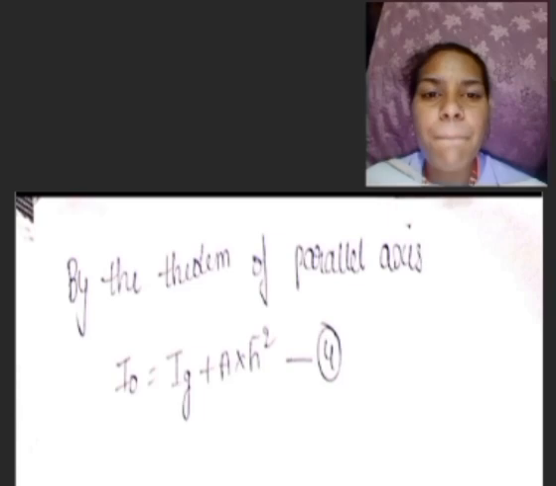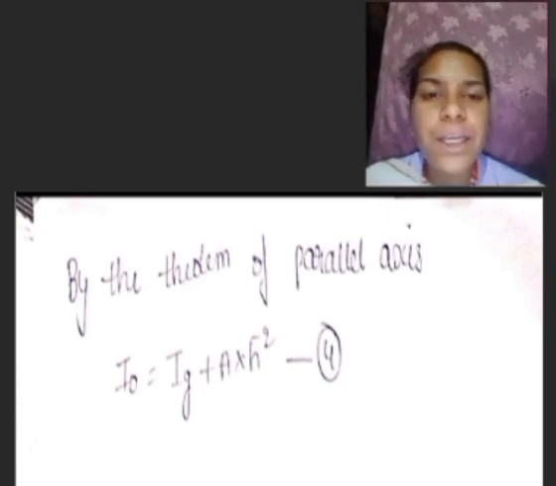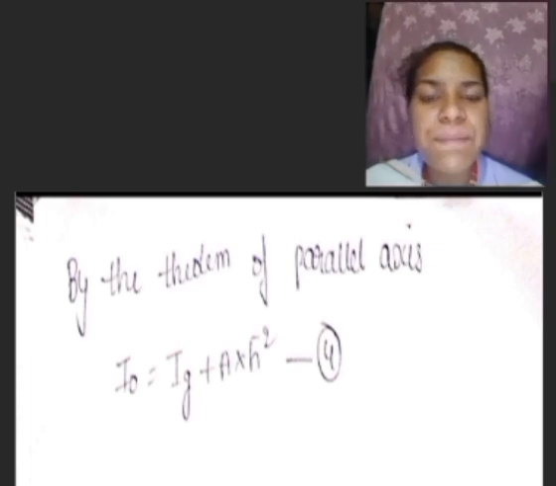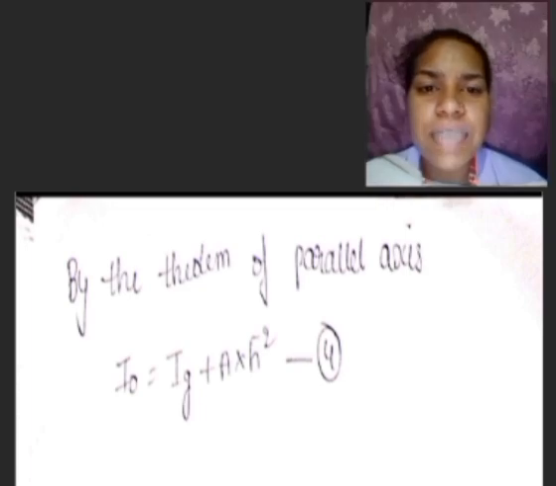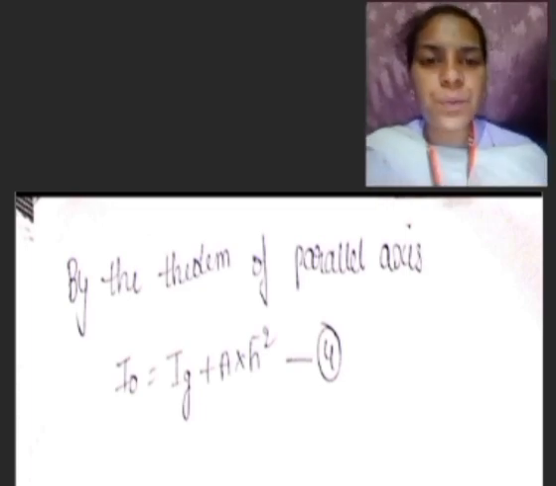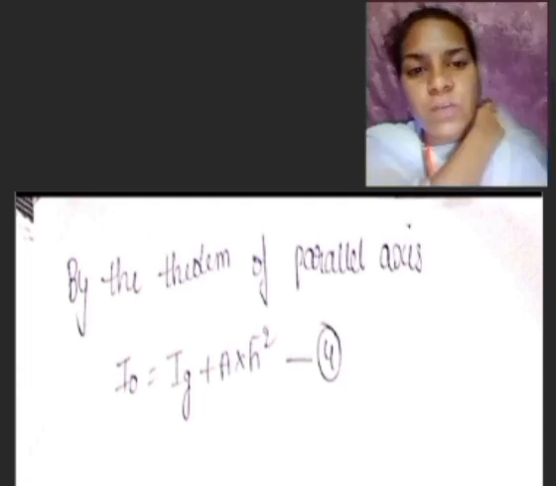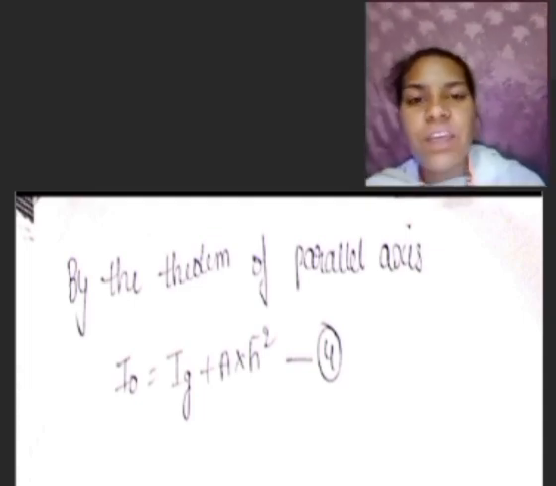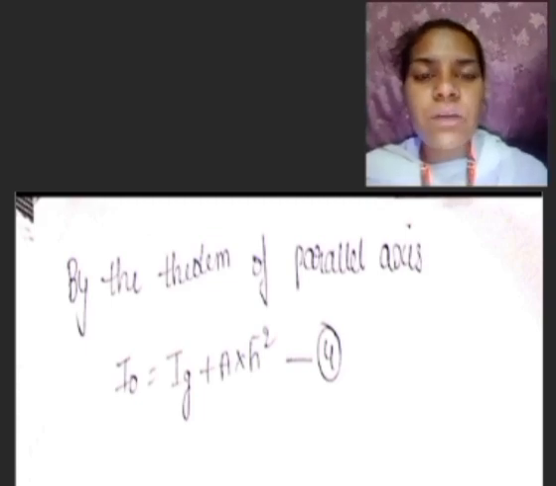Next, by the theorem of parallel axis, I naught is equal to Iz plus a into h dash square. This is considered as equation 4. We find equation 3 by equating equations 1 and 2.